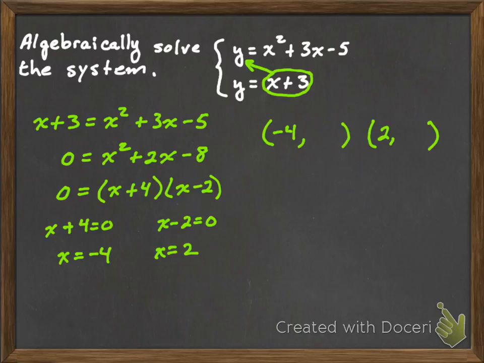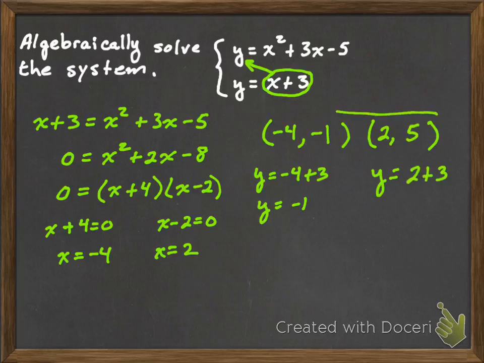So now substituting the negative 4 into the linear equation here, that will give you y equals negative 4 plus 3, which is negative 1. And then substituting the 2 in for the x value will give you 2 plus 3, which is 5. So these are the points of intersection here.